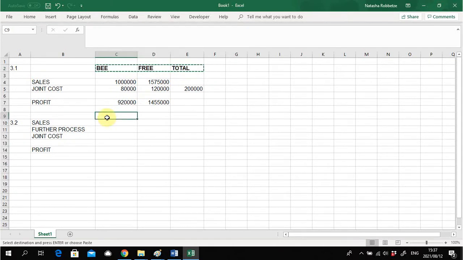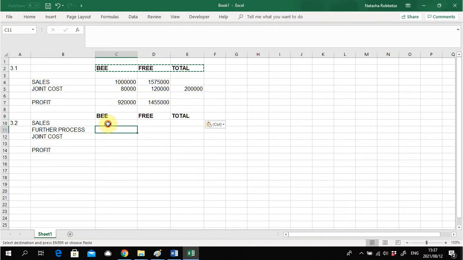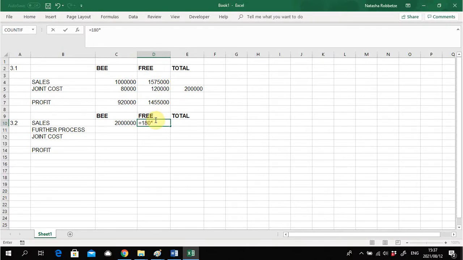Right, so for sales, the products are now further processed, so it's going to be 200 Rand for B times 10,000, and for Free, it's then 180 times 15,000 units.